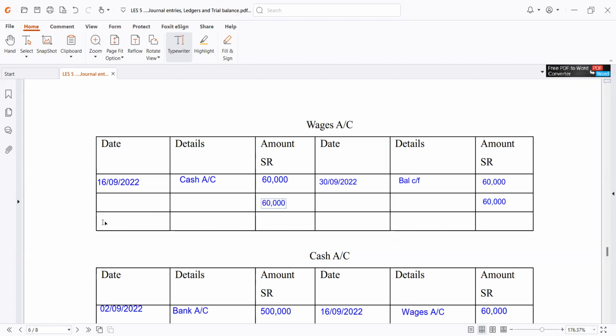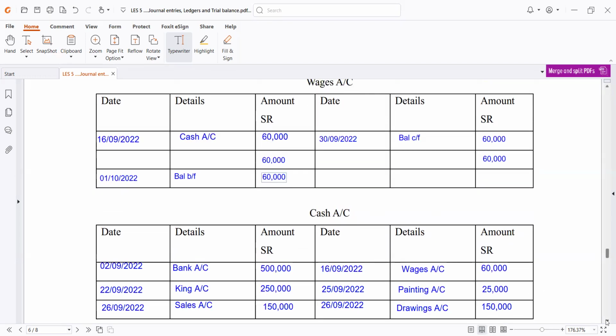So you bring it forward the following month, 1st of October 2022. You write here, balance brought forward. The amount is 60,000. So for wages, 60,000.